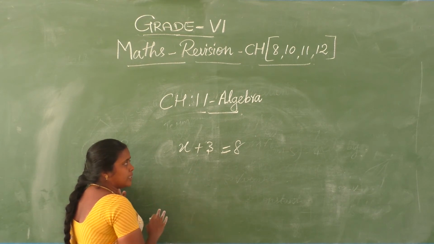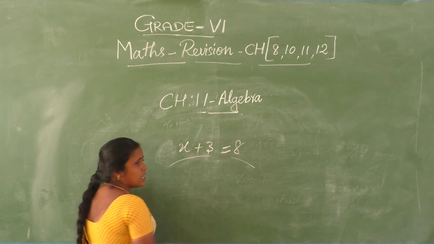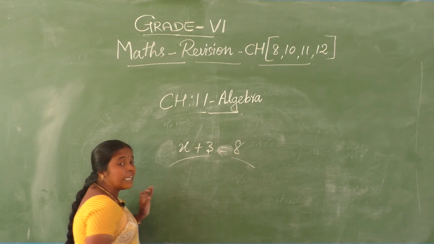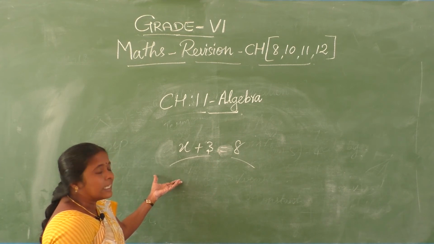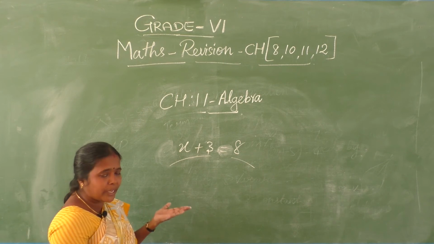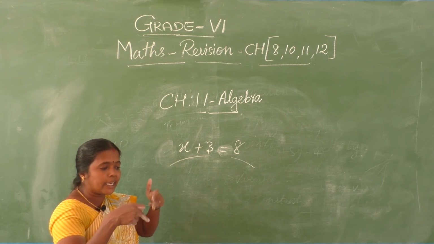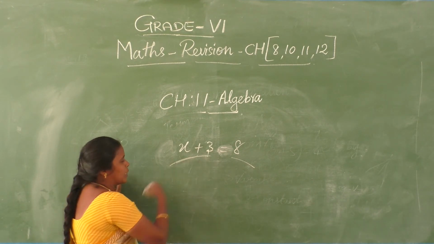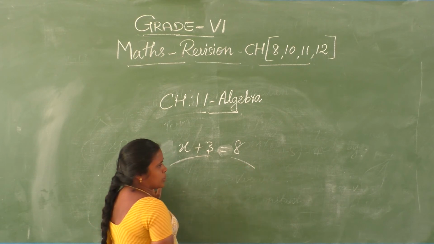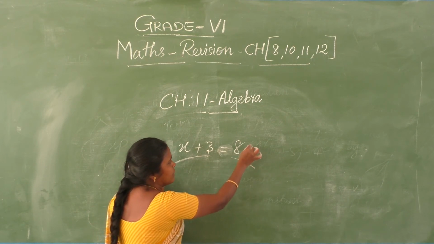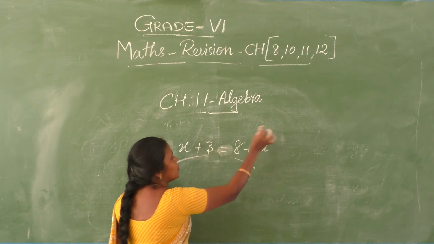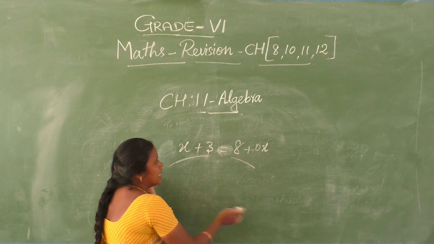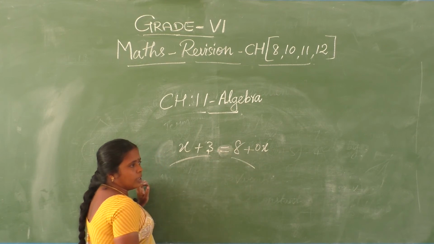This is a statement containing two expressions on both sides having an equality sign in the middle, which is called an equation. Here x plus 3 is one expression, 8 is one expression. You may ask, ma'am, where is the variable part? You can consider it as 0x, 0y, something. Clear? So this is one expression, that is another expression, with an equal sign in the middle.